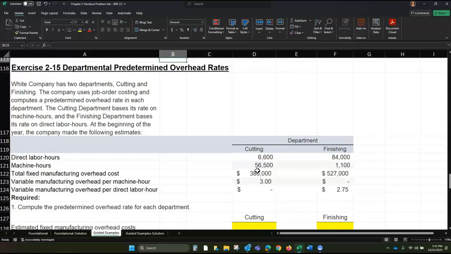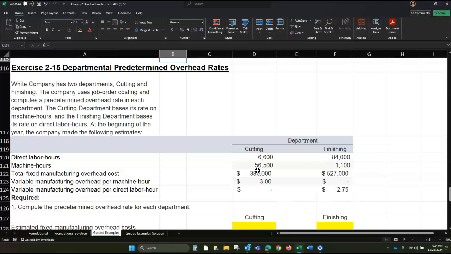All right. Exercise 215. We have White Company has two departments, cutting and finishing. The company uses job order costing and computes a predetermined overhead rate in each department.